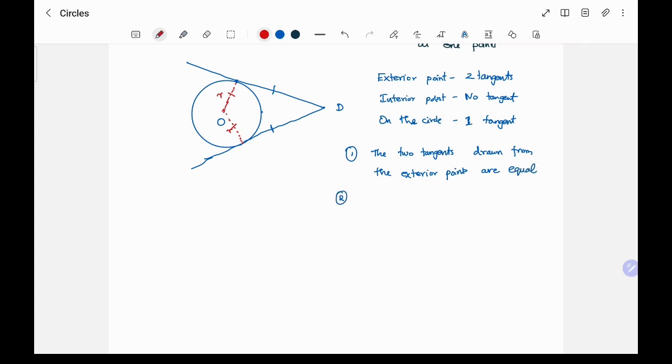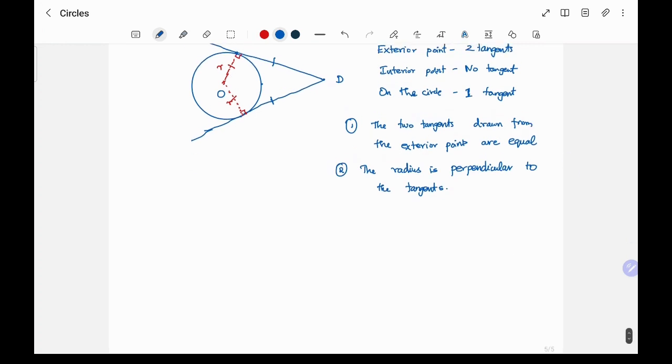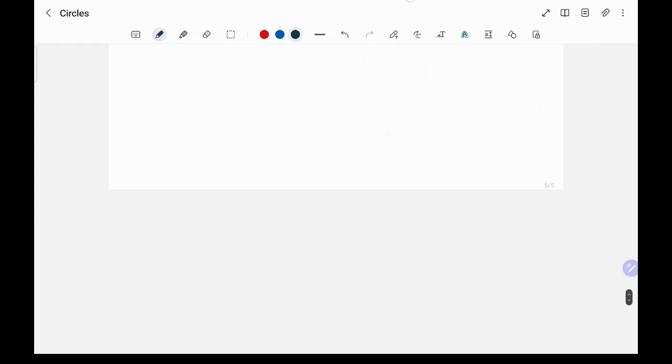The second property is the radius is perpendicular to the tangent. So it is perpendicular to any tangent you draw. So these are the properties of tangents.